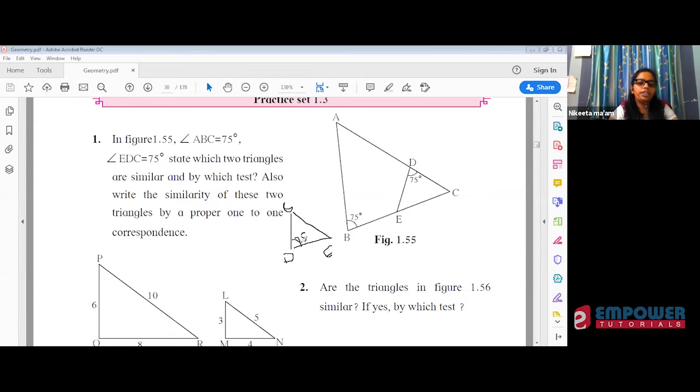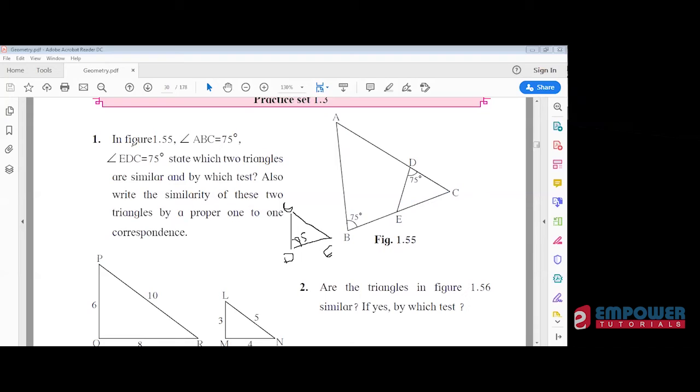Now tell me which angles are congruent. By which test are these two triangles similar? So you have triangle ABC and then this small triangle in between. By which test are these two triangles congruent? Yes, by the AA test you can say that the two triangles are congruent.